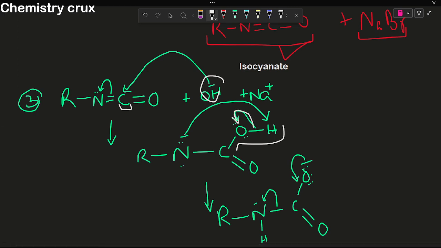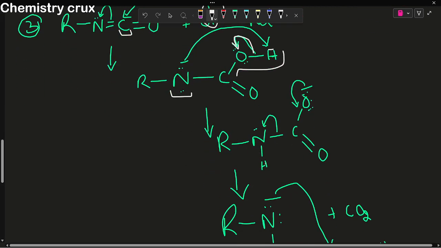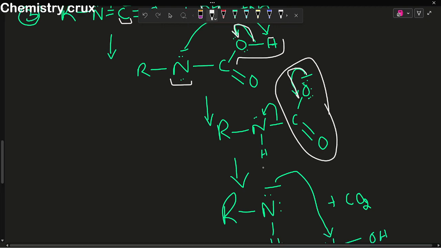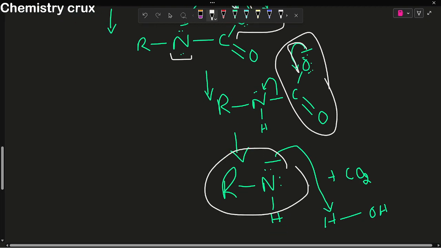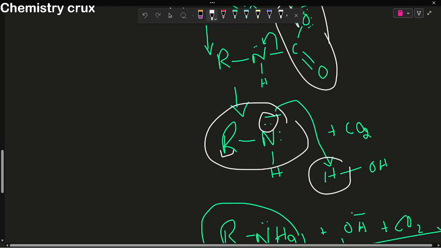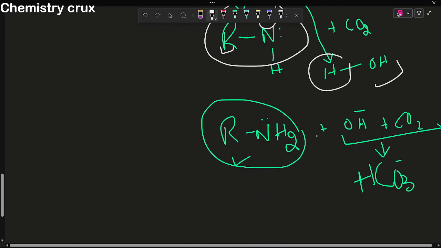So this hydrogen is released as H positive, and this nitrogen takes that hydrogen here, you see, and this oxygen now converts its lone pair to bond pair, releasing carbon dioxide plus this negatively charged N with R group. Fine. Then this negatively charged N extracts proton from medium, that is water, and we get a primary amine.